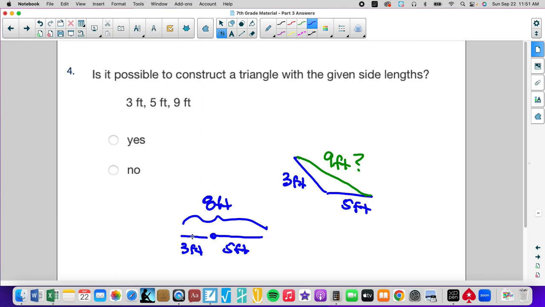If it's straight, the maximum would be 8. So this value needs to be less than 8 feet in order to be a triangle. Kind of cool. Don't know if you've ever thought about that logically, but this is a great question. This is a real deep understanding of triangles, their sides, the hypotenuse.